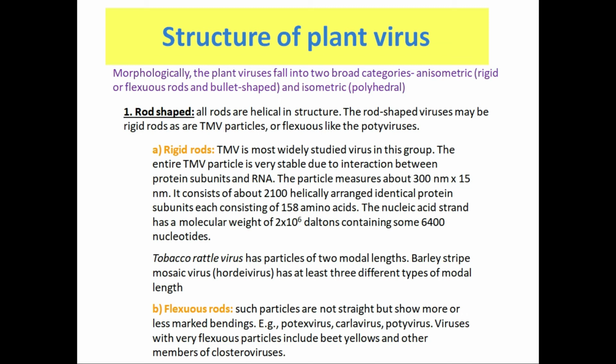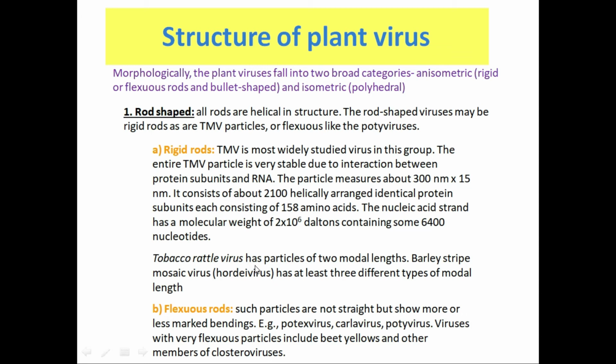So rod shaped. All rods are helical in structure. The rod shaped viruses may be rigid rod or may be flexuous. Okay. So under the rigid rods we have seen that tobacco mosaic virus is there, and we know the details of tobacco mosaic virus.